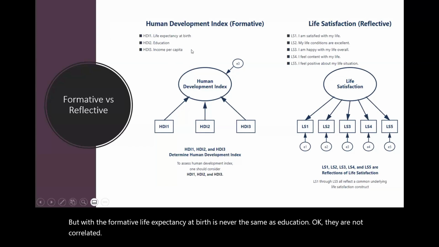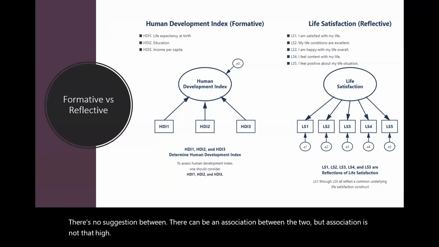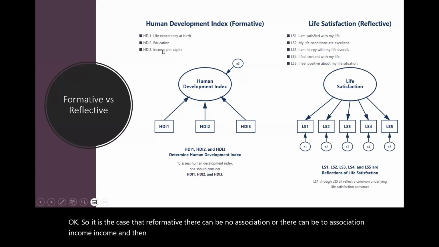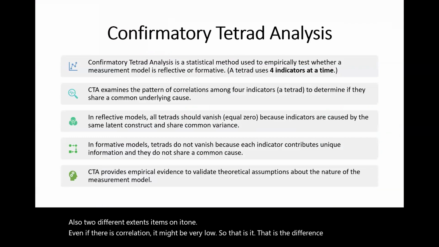There can be an association between the two, but it is not that high. With formative there can be no association or little association. Income and education are also two distinct items on their own. Even if there is correlation, it might be very low. That is the difference between the reflective and the formative.